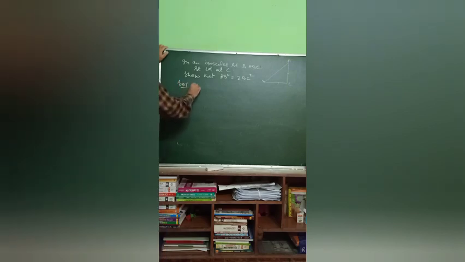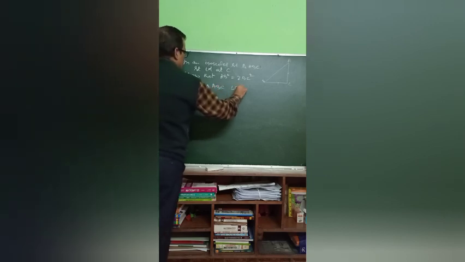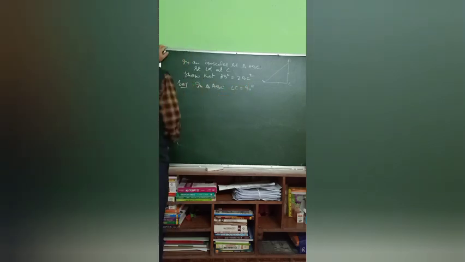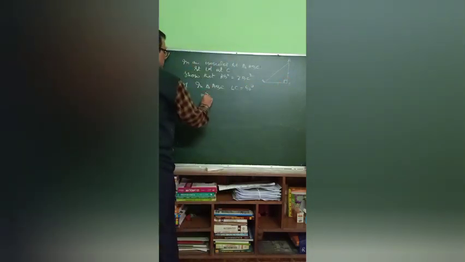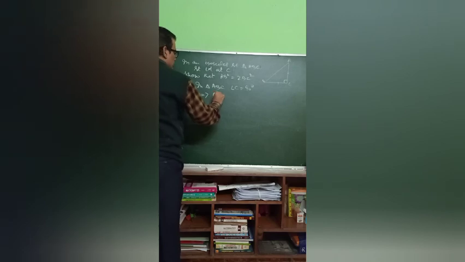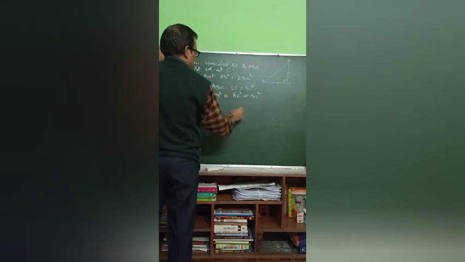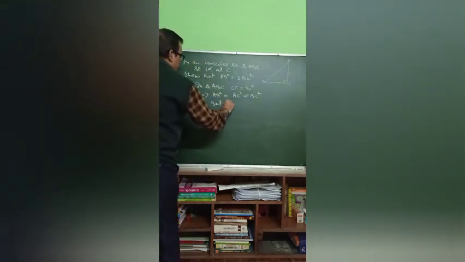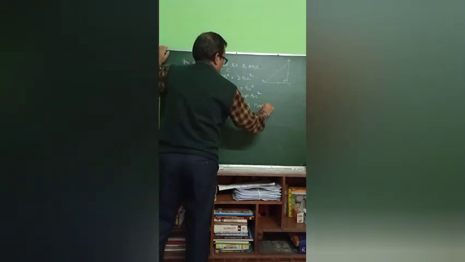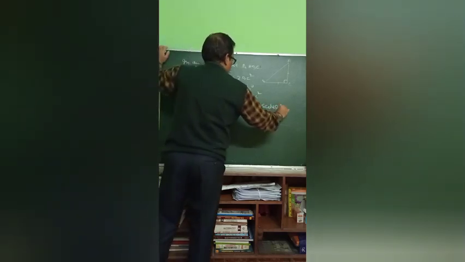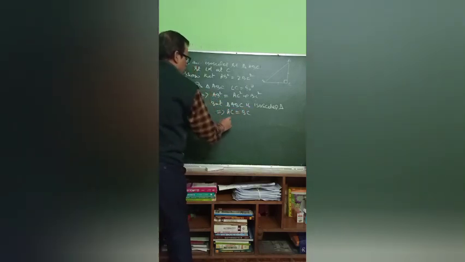Solution. In triangle ABC, angle C is 90 degrees. So the side opposite to C is the hypotenuse. This implies by Pythagoras theorem AB square is equal to AC square plus BC square. But triangle ABC is isosceles, this implies AC is equal to BC.